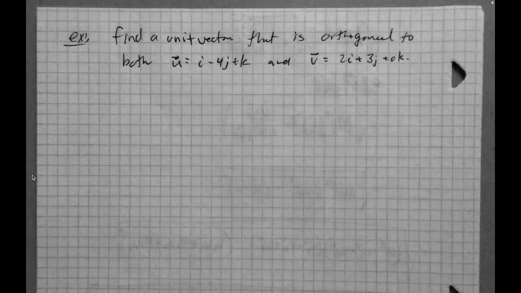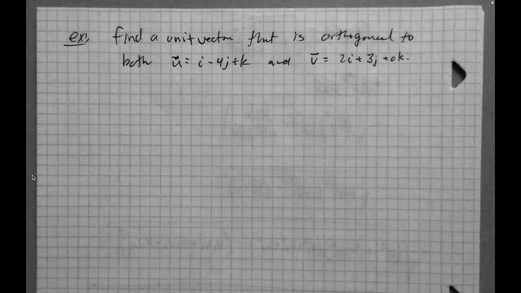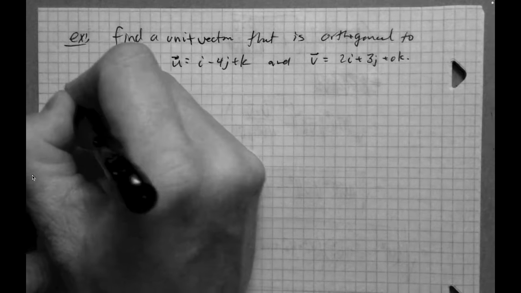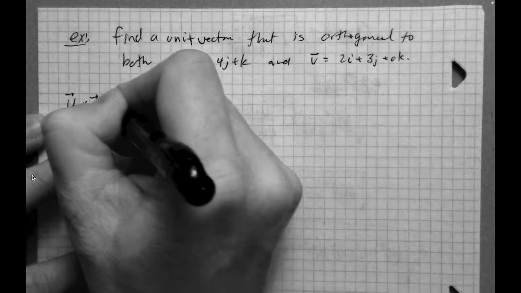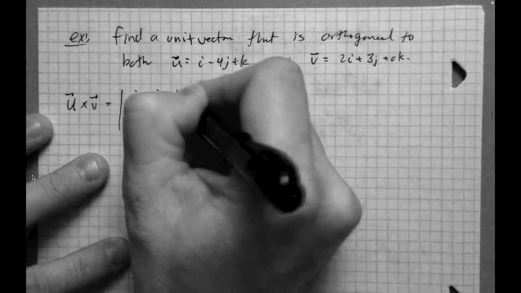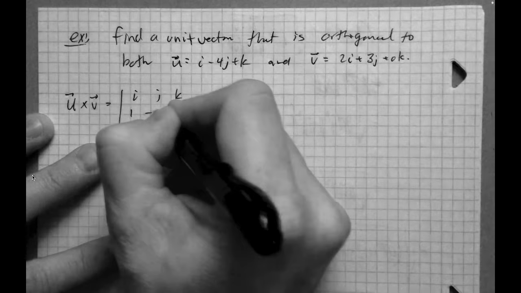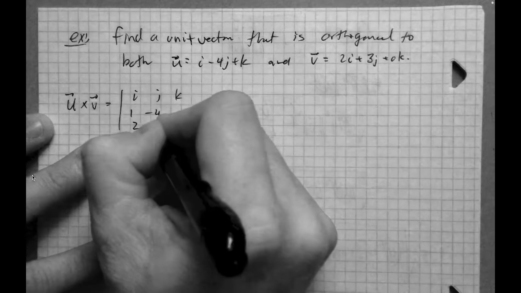Okay, so we want to find a unit vector that's orthogonal, right? So this is kind of a two-stepper. First, we can find the orthogonal vector just by using the cross product, right? So you can do u cross v or v cross u. Right, and so we'll just do u cross v. That'll be 1, -4, 1, and 2, 3, 0.